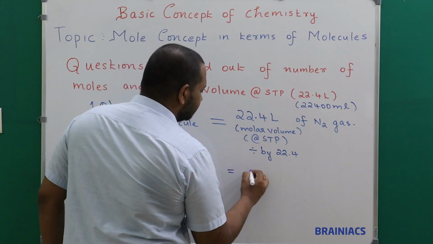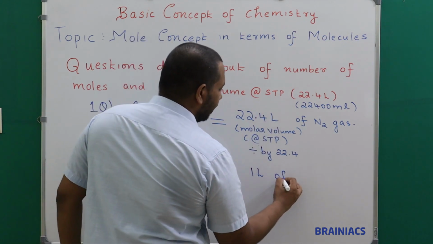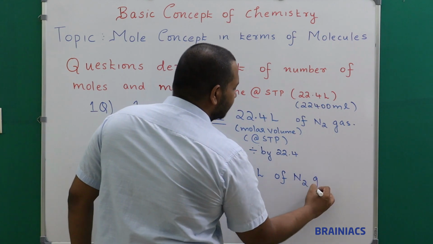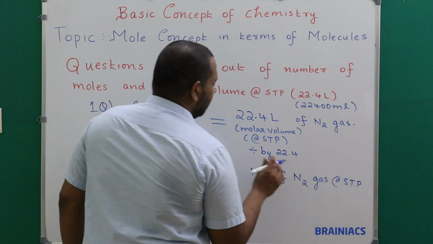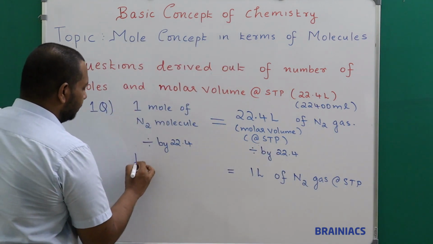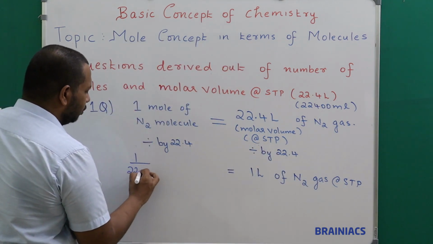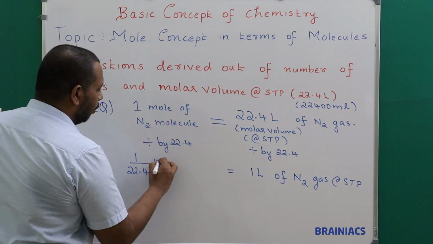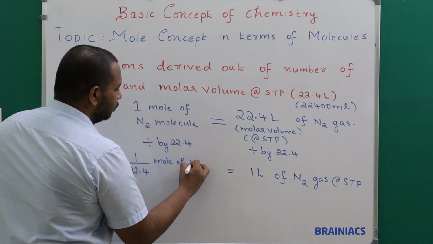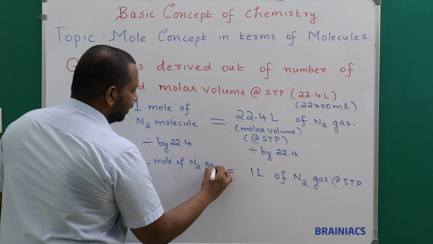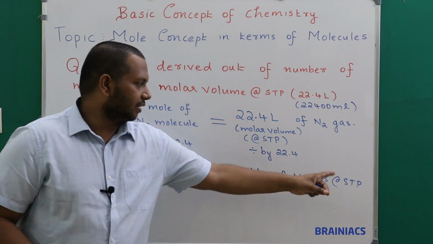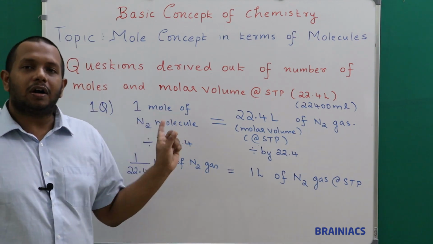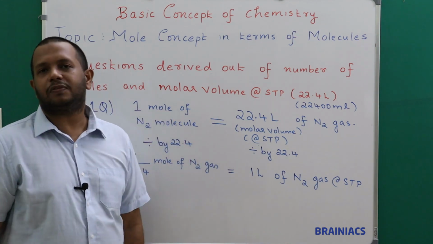We know that this will become 1 liter of N2 gas at STP, and this will become 1 by 22.4 mole of N2 gas. So please understand, it is telling that if you take 1 liter of nitrogen gas at STP, it will contain 1 by 22.4 moles of nitrogen gas.